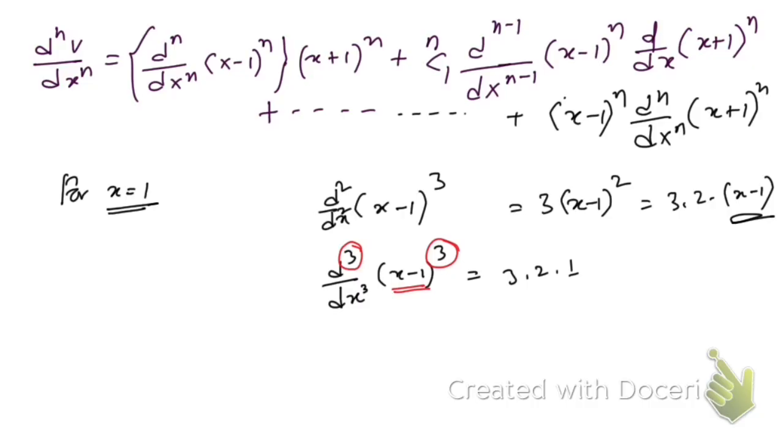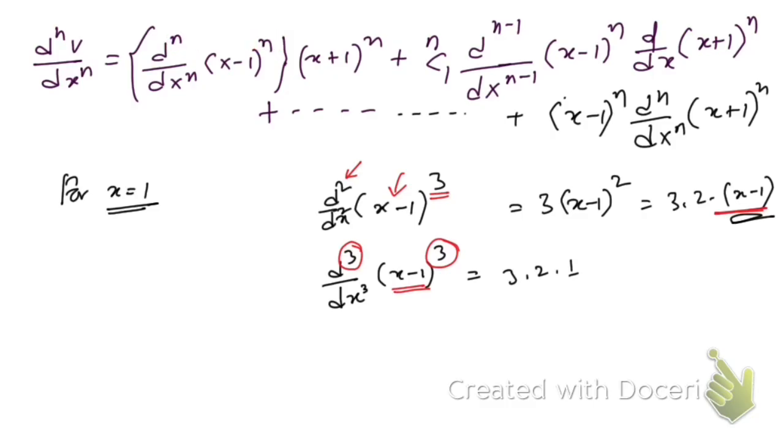But if you take the second order derivative, that means if you take the order of the derivative less than this power, then its result contains (x minus 1), right? Now in this case, the order of derivative and power are the same.